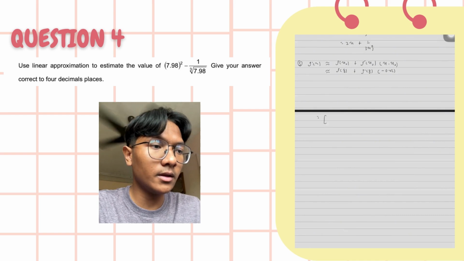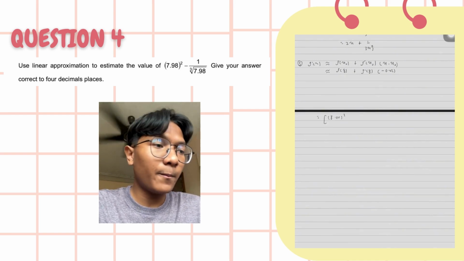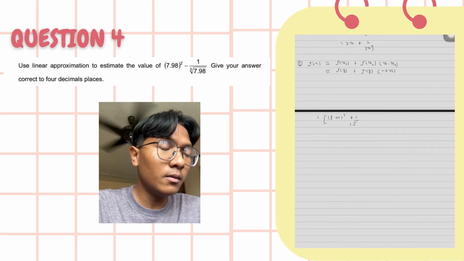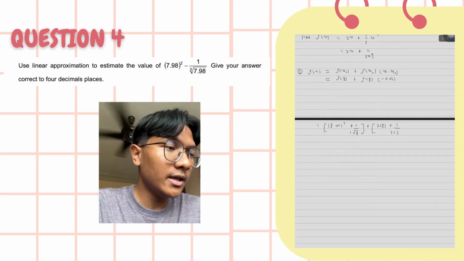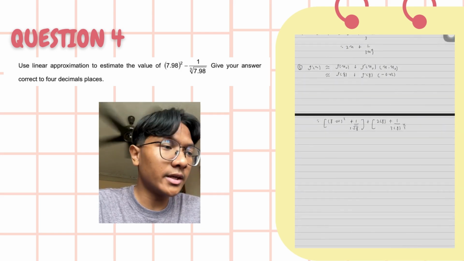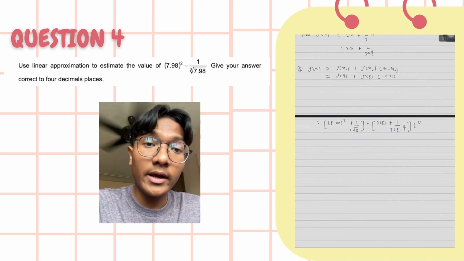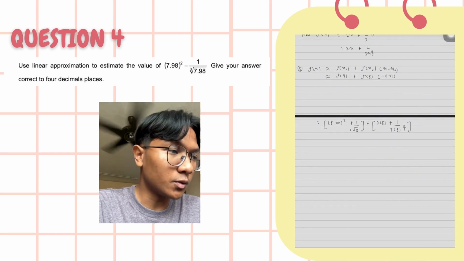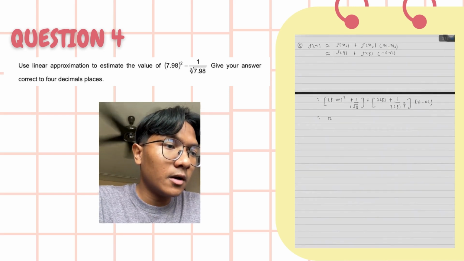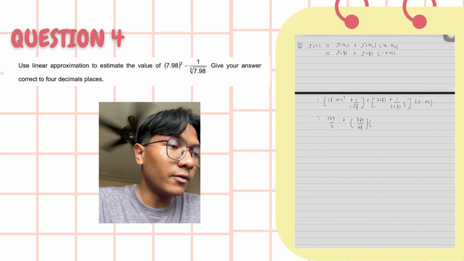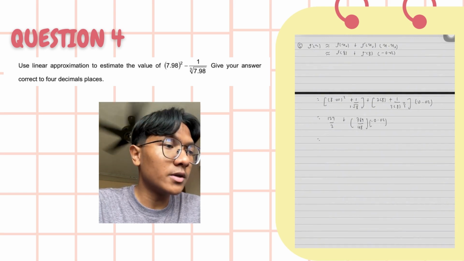So here we get 8 squared plus 1 over cube root of 8, plus 2 times 8 plus 1 over 3 times 8 to the power of 4/3, and we will multiply it by negative 0.02. So here we get 129 over 2 plus 798 over 48, and we multiply by negative 0.02. So our final answer is 64.18.